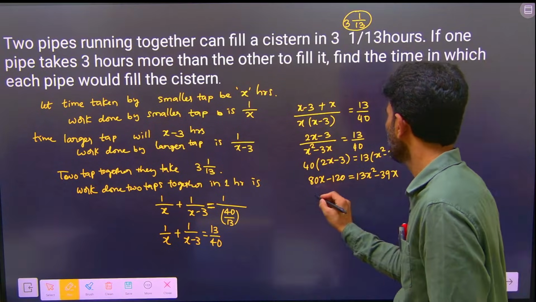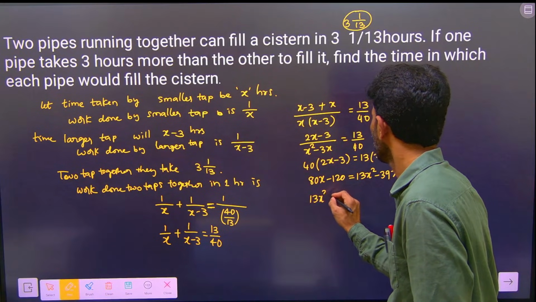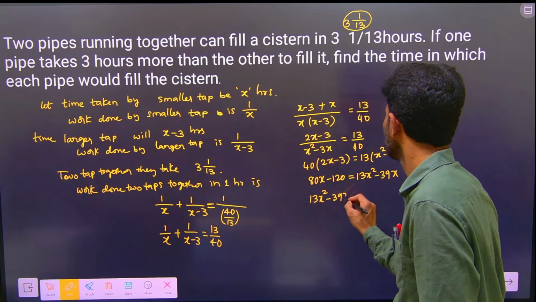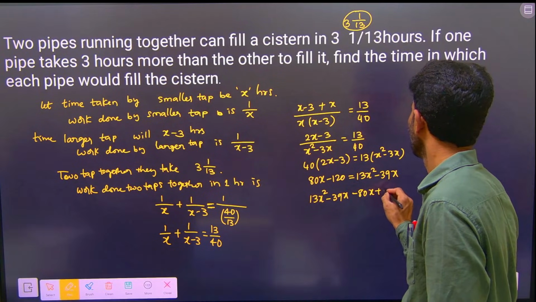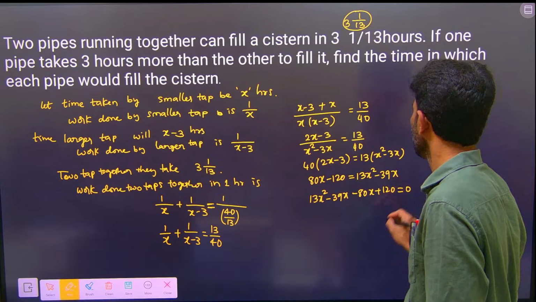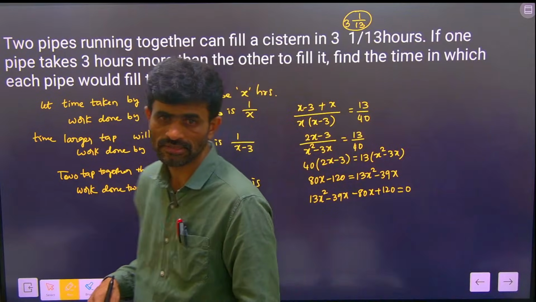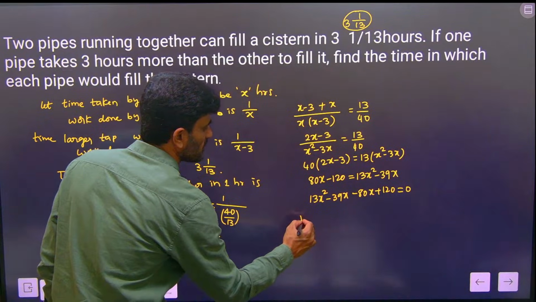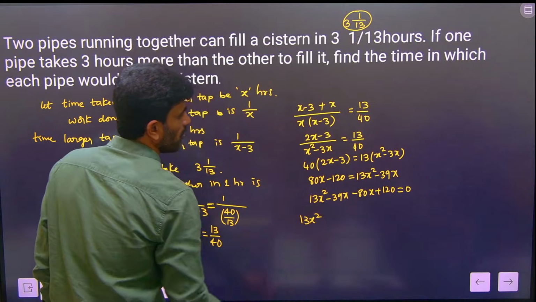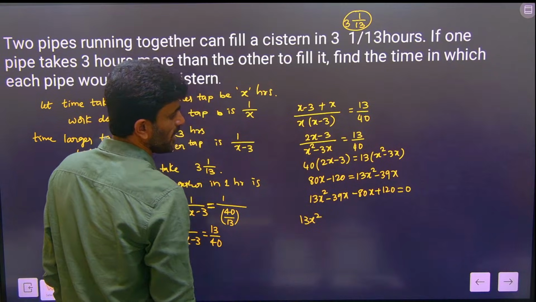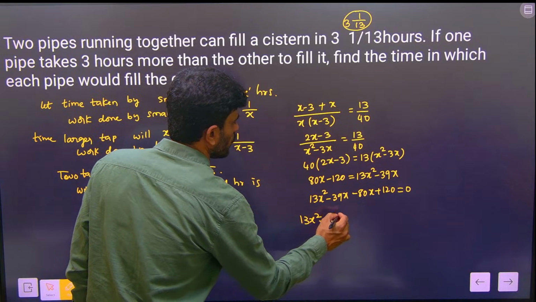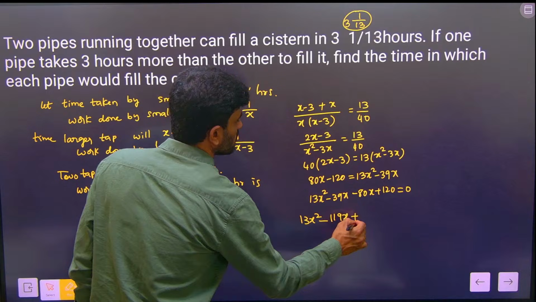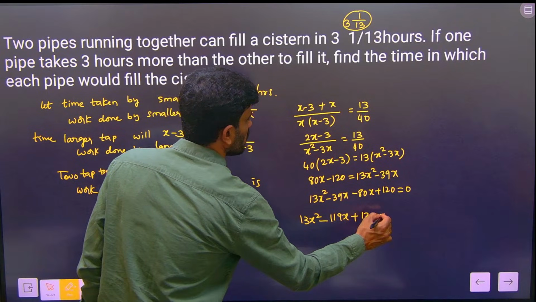Transpose all the terms to this side: 13x square minus 39x minus 80x plus 120. You should be careful while you are shifting from one side to the other side, all the symbols. So what is it now? 13x square minus 39 minus 80, minus 119x plus 120 is equal to 0.